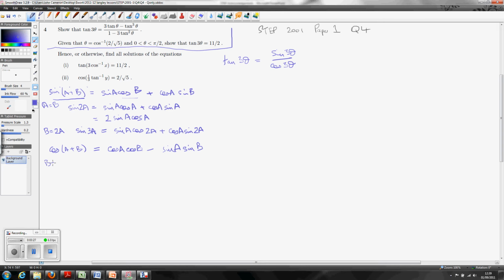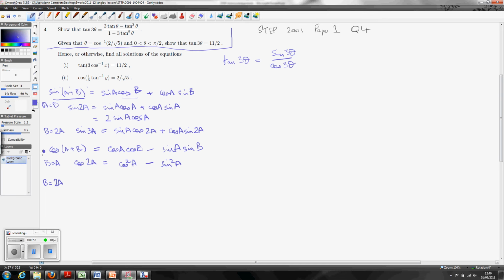So let's here say that B is equal to A, and find that cosine of 2A is equal to cosine A cosine B, which is cosine squared A, minus sine A sine B, but B is equal to A, so that's sine squared of A. Let me now do the same again. Here we'll just build up this machinery. B is equal to 2A.